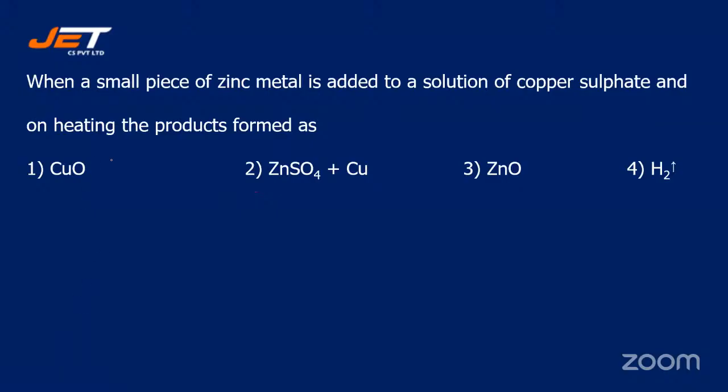Next question. When a small piece of zinc metal is added to a solution of copper sulfate and on heating, the products which are formed are cupric oxide, zinc sulfate plus copper, zinc oxide, or hydrogen gas. Which is the right option? Now the josh is increasing.